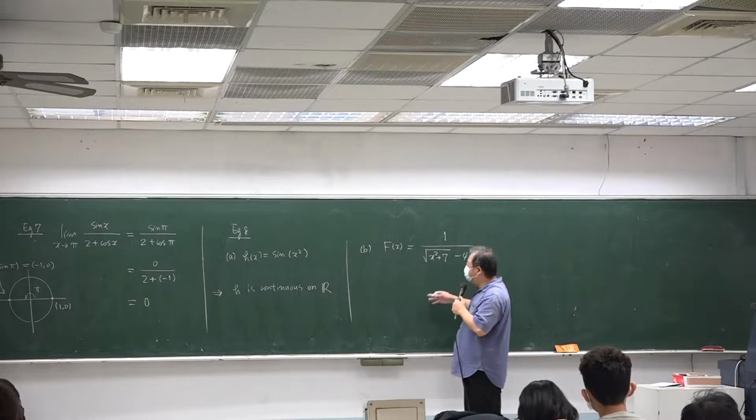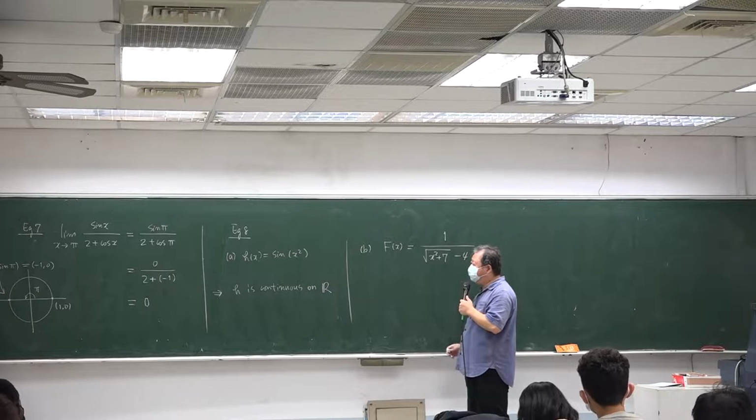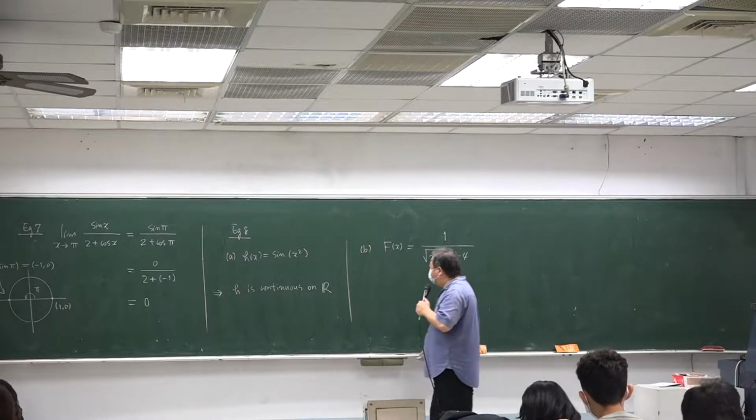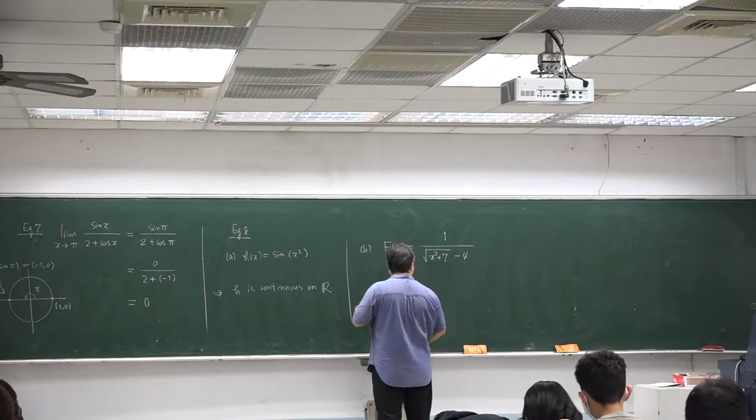An algebraic function's value can almost always be obtained by direct substitution. So this function is continuous everywhere in its domain. And at what position does the denominator become 0?